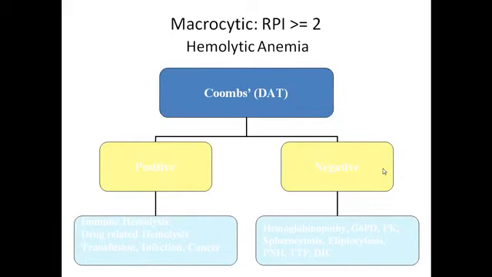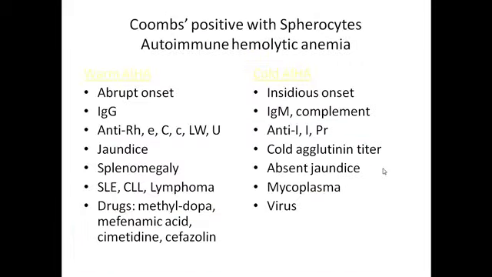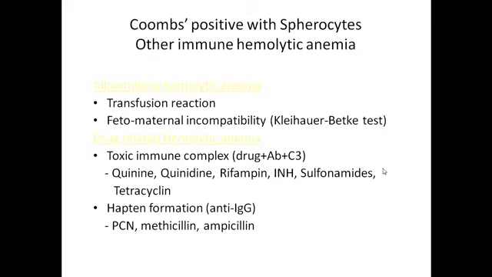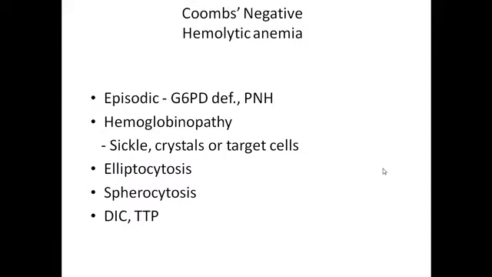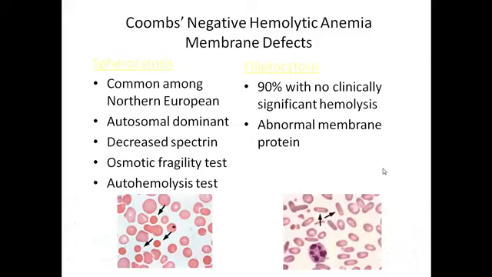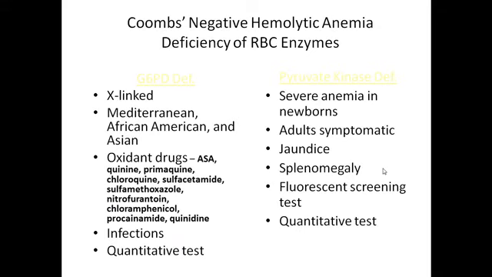To identify hemolytic anemia, we have to perform the Coombs test. Coombs negative hemolytic anemia: membrane defects, spherocytosis, elliptocytosis. We have to know some causes of spherocytosis and elliptocytosis if possible.